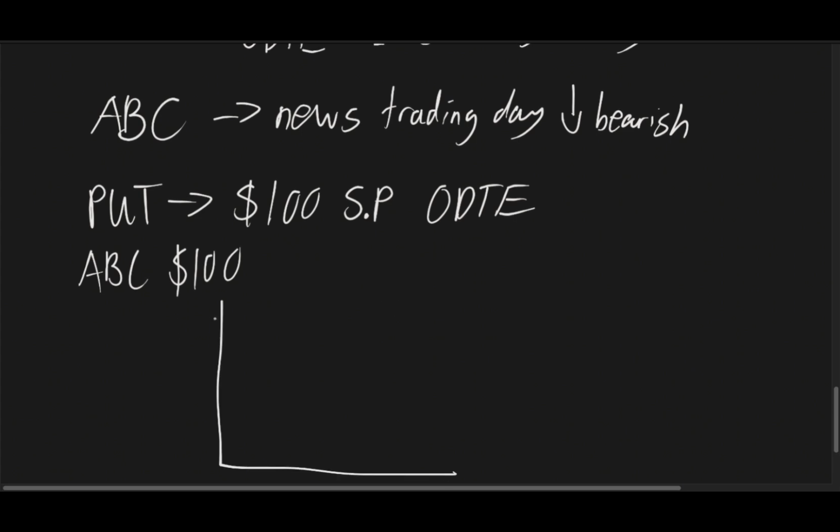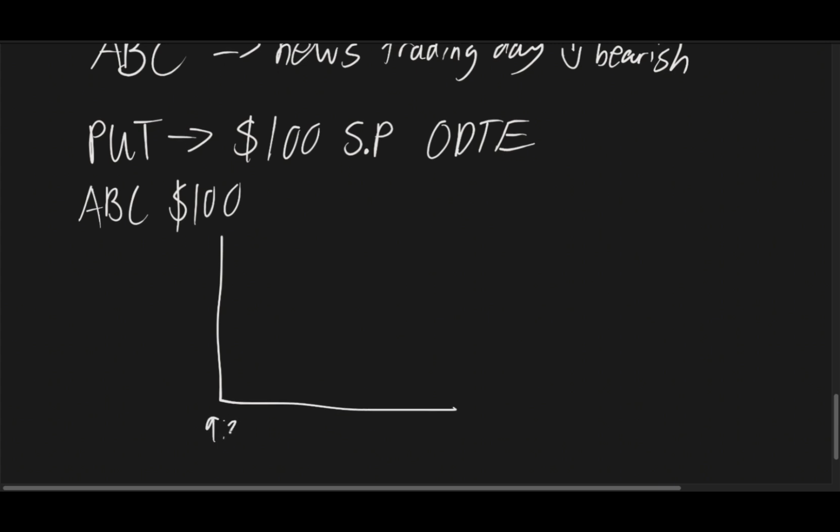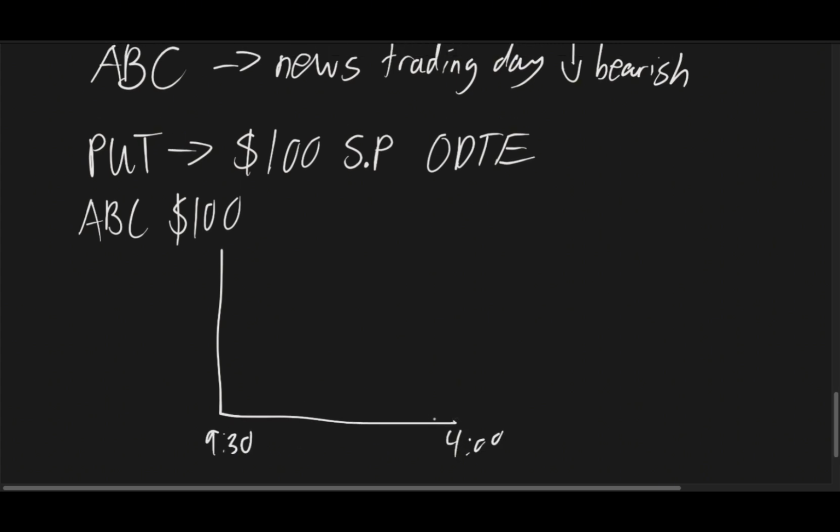So let's say during the day, ABC stock, so let's do 9:30 a.m. to 4 p.m. At 4 p.m., or maybe 15 minutes before, options will have to be exercised by the brokers. So let's just assume it's 4 for simplicity. Since it's $100, let's call it $100 here. And let's say it's kind of doing nothing the entire day.